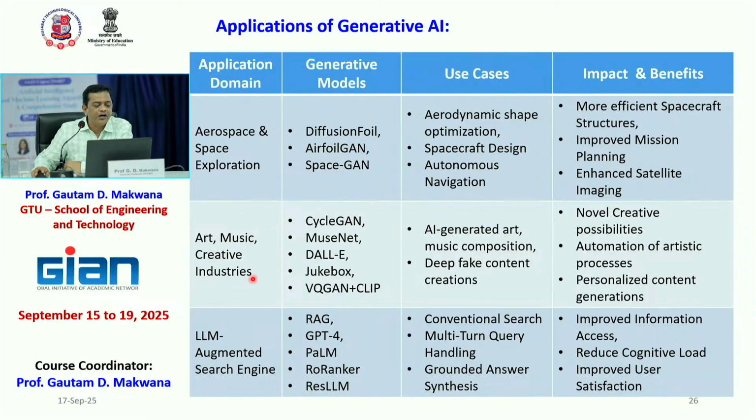Then art, music, creative industry. With the help of generative AI, there is no need for a creator or a music director in the future. Automatically the tool will create new music and lyrics without any human intervention.